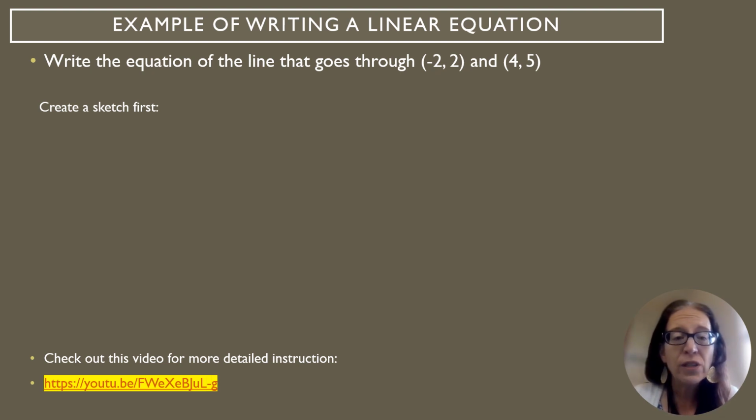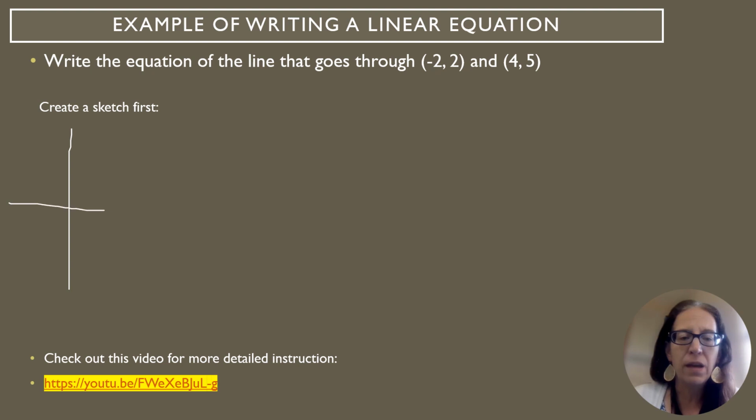So the first thing I want to do is just create a sketch here. We want to begin in math utilizing different ways of representing problems, okay? And so 2, 3, 4, 5, and 1, 2, 3, 4.